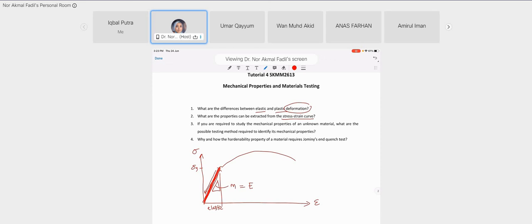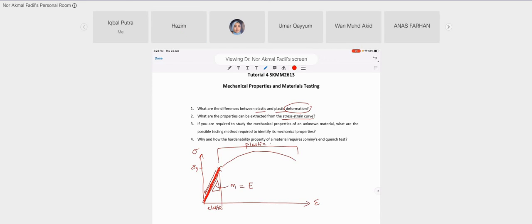However, if you apply load beyond yield strength, it starts yielding. Yields mean it changed, it goes into the plastic deformation. Doctor, what is the difference between proportional limit and yield strength?